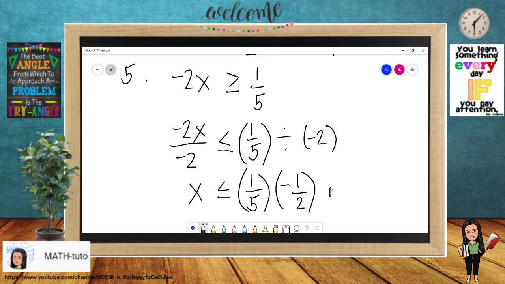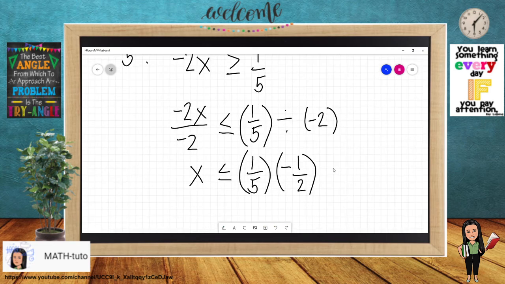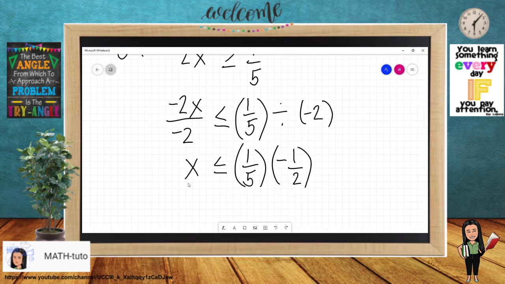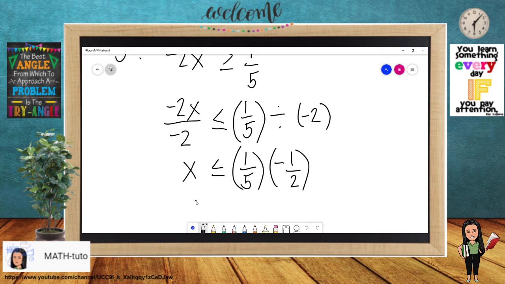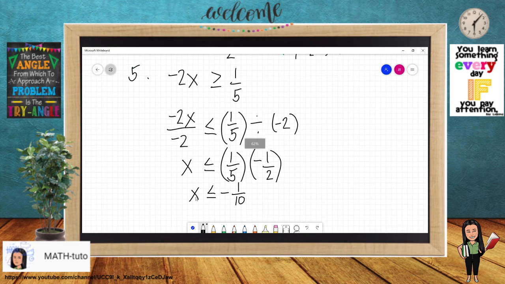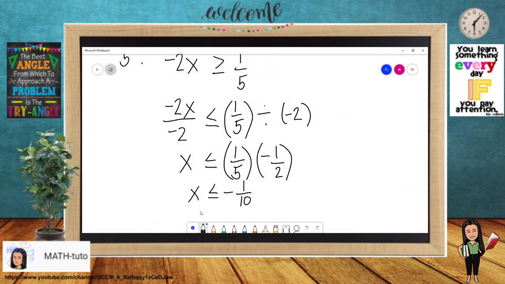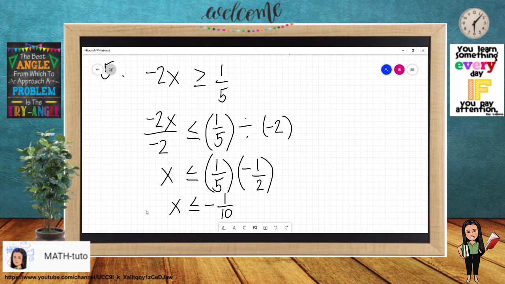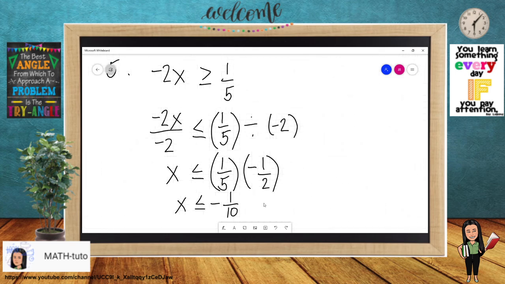So our answer is x is less than or equal to negative 1 over 10. Negative 1 over 10. That is our answer.